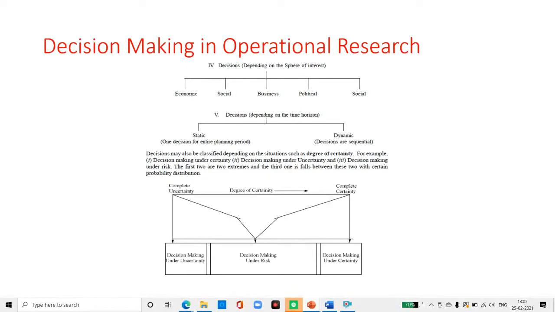And the third one is decision making under risk. The first two are the two extremes, and the third falls between them, with a certain probability distribution.